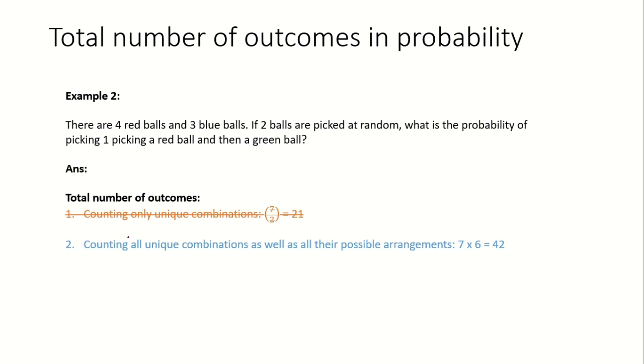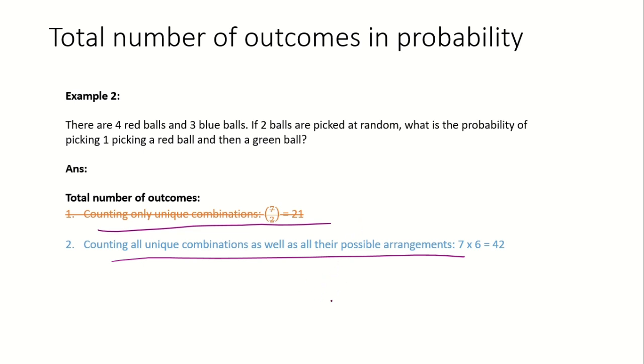So we cannot use counting only unique combinations, because this does not take into account the order in which the balls are picked. We only have to use the second option to find the total number of outcomes. So the total number of outcomes is 42, as we saw previously.